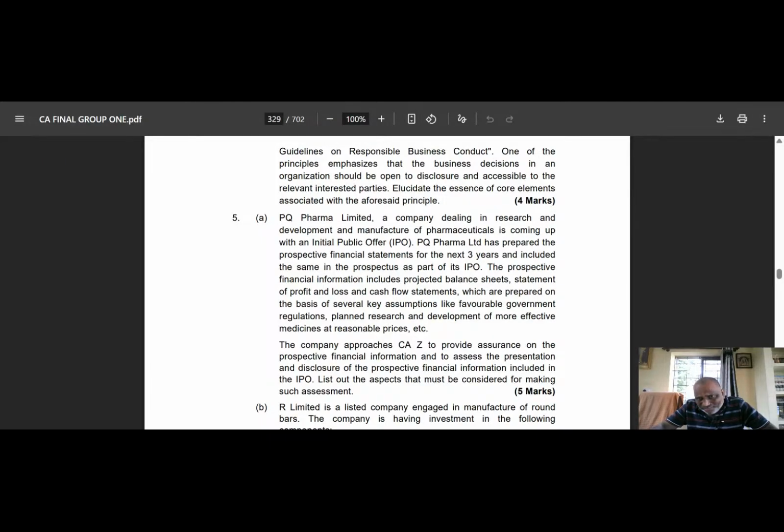The accounting policies are clearly disclosed in the notes to the prospective financial information. The assumptions are adequately disclosed in the notes to the prospective financial information.